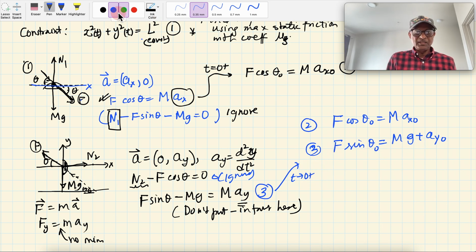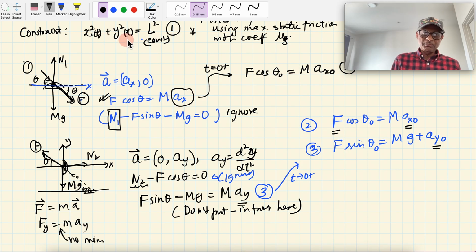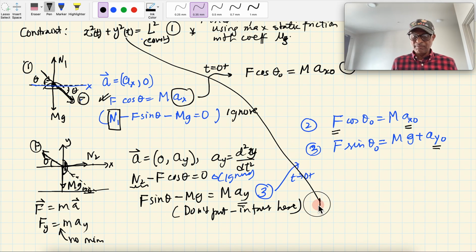So you can see the number of unknowns is 3 with equations 1, 2, and 3. So not enough, right?